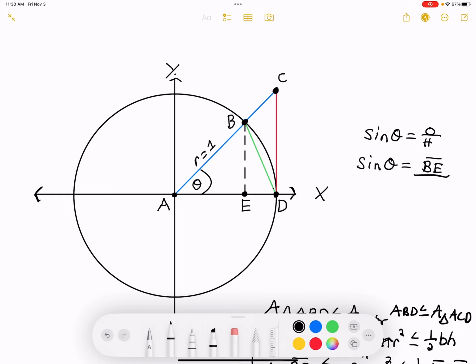And we're looking at triangle ABE in order just to figure out the height, this line segment BE. So if we look at this triangle ABE, the opposite of theta is the line BE, and the hypotenuse, well, that's just the radius again, that's just 1. So it's just BE over 1, which is just BE. And so this line segment BE is simply sine theta.